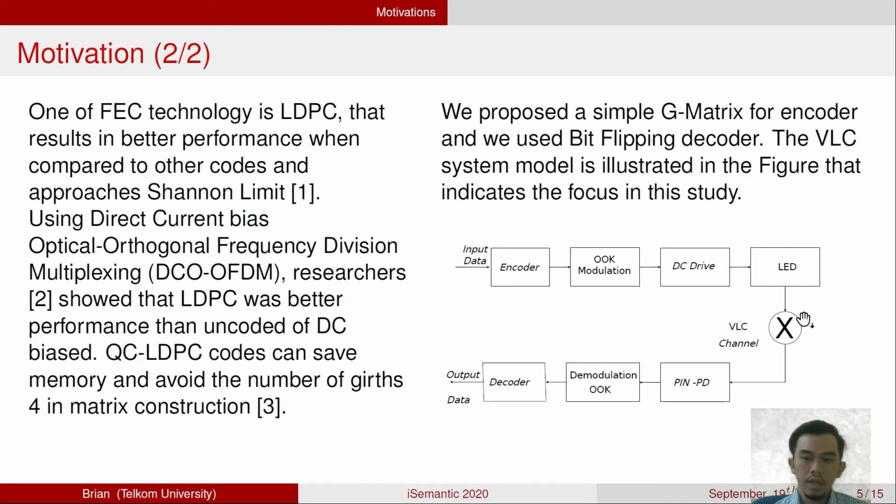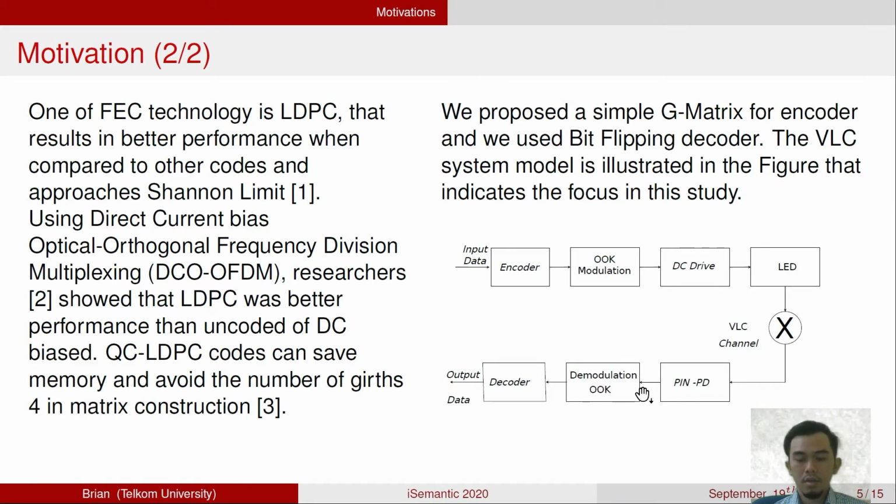And then this is the VLC channel model. In this section, this is a PD or photodetector, PIN, positive intrinsic negative, on the receiver side. The LED uses an optical signal, and the PIN converts the optical signal to an electrical signal.